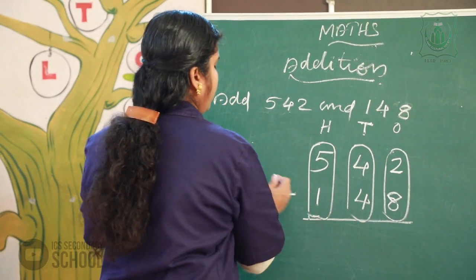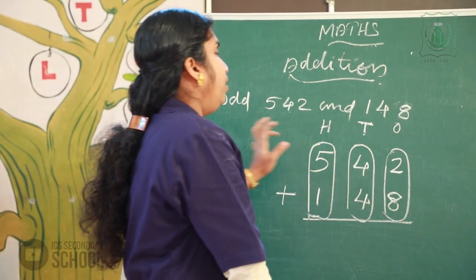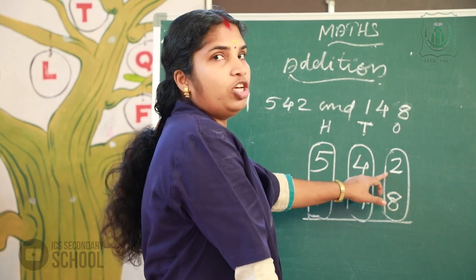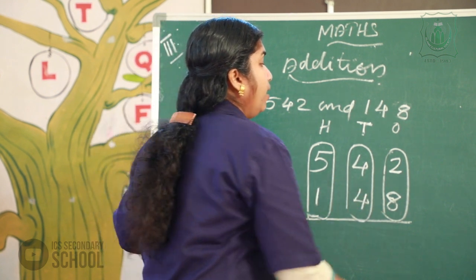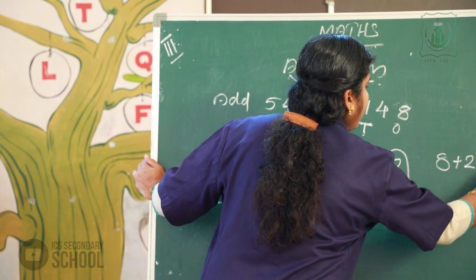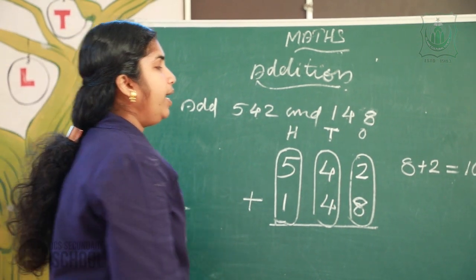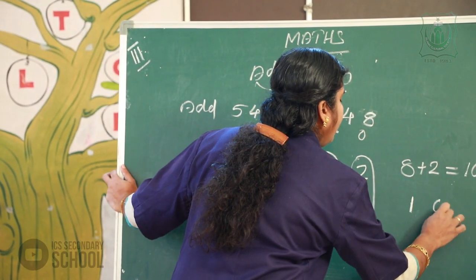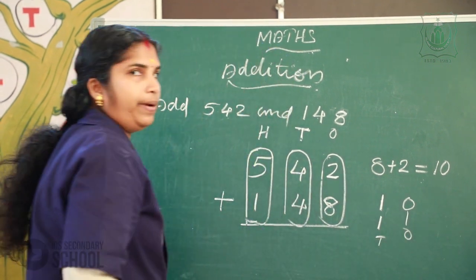First of all, we add the digits in the ones place. Add 8 plus 2. We get the answer 10. In the number 10, 0 is in the ones place and 1 in the tens place.